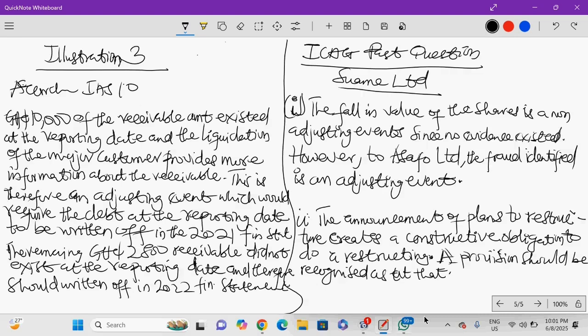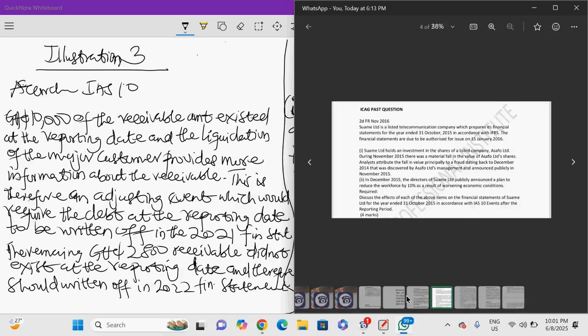However, no legal obligation. Let's check the date. In December 2015, the directors publicly announced a plan to reduce the workforce by 10%. So this is as at the end of the period, December 2015.